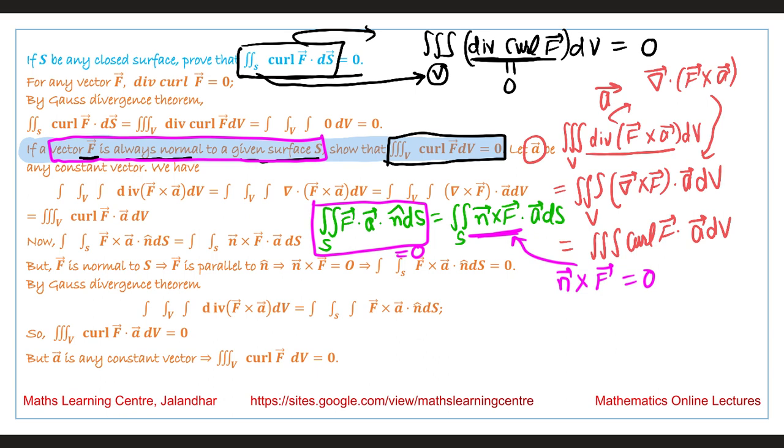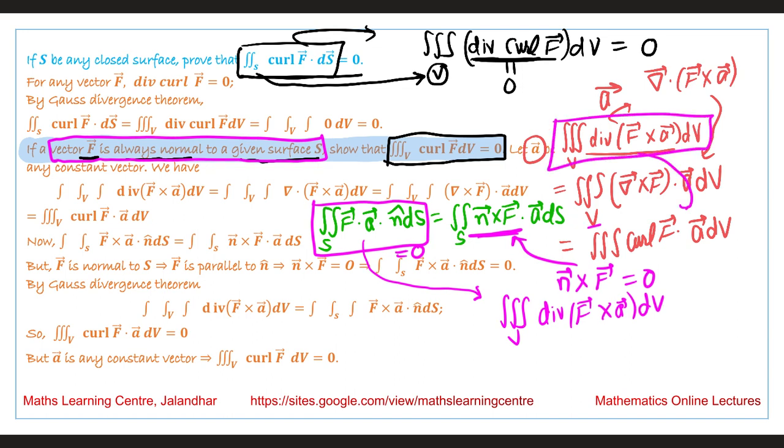Now by the Gauss divergence theorem, we can write this integral as the triple integral over V of divergence of f vector cross a vector dV, and we have proved that this is equal to curl of f vector dot a vector dV.